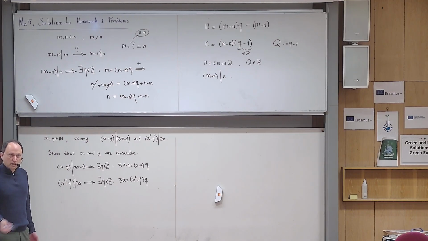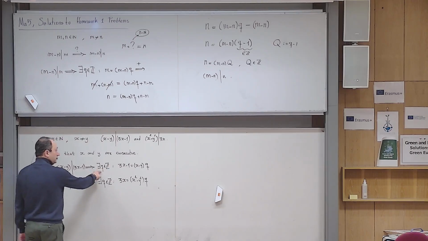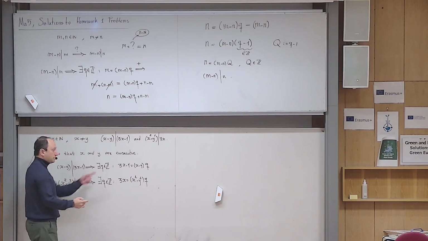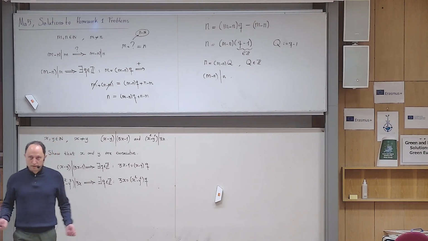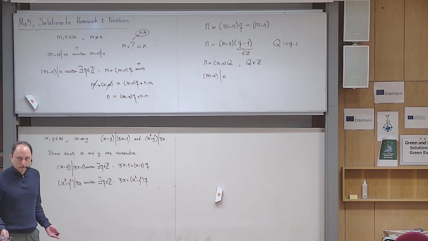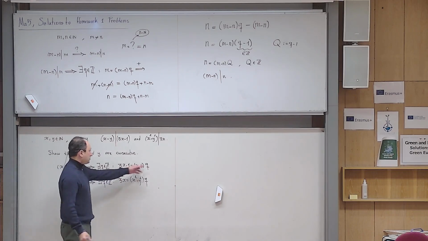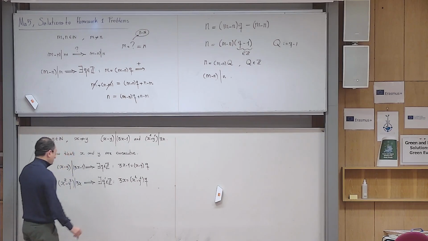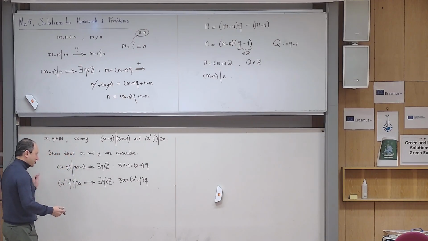Q prime or any other letter, because if you write Q for this and Q for this, you are a priori assuming the Q's are the same. But this is not guaranteed because we don't know x, we don't know y, so how can we assure that these numbers are the same? So to make this possibility a possibility, we have to put Q prime there. Okay, so these are the translations.